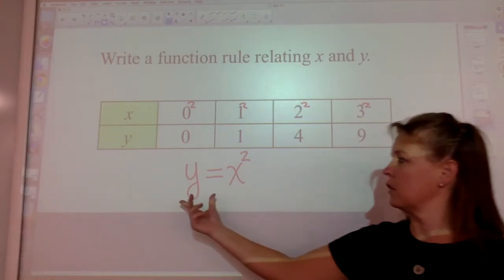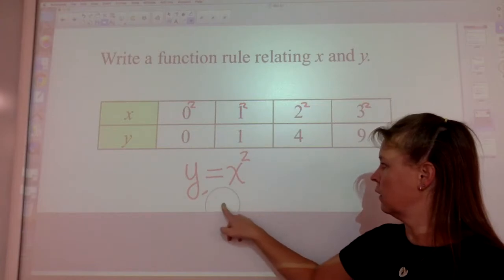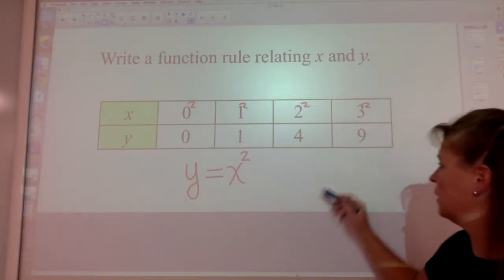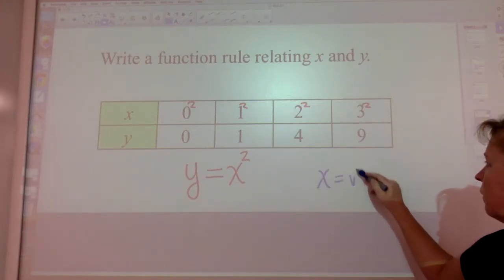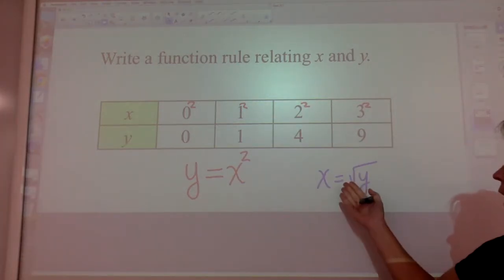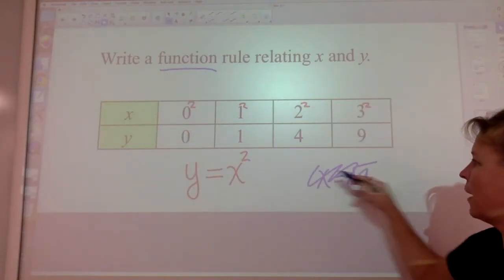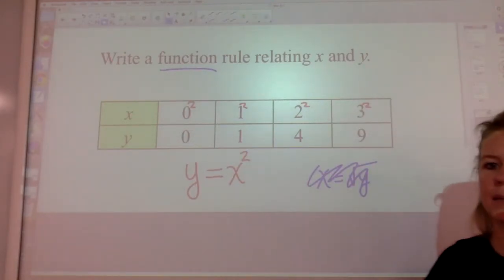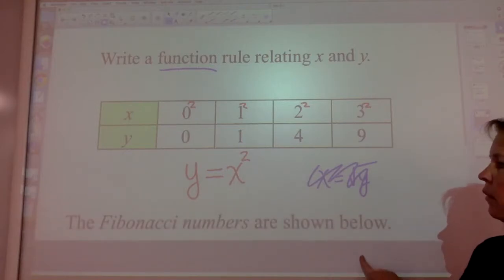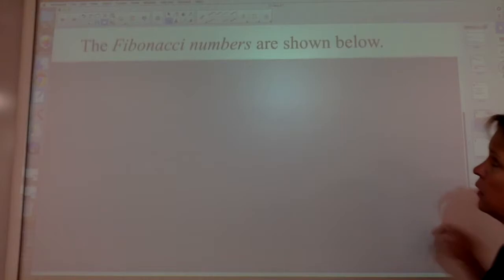And when we write functions, I don't know if you remember this from last year, functions are always written as y equals. Is the other way a true statement? Yeah, it's true, but not technically written as a function, because functions say what happens to the x that made it become a y. So we're not allowed to write it the other way. All right, very short notes today.